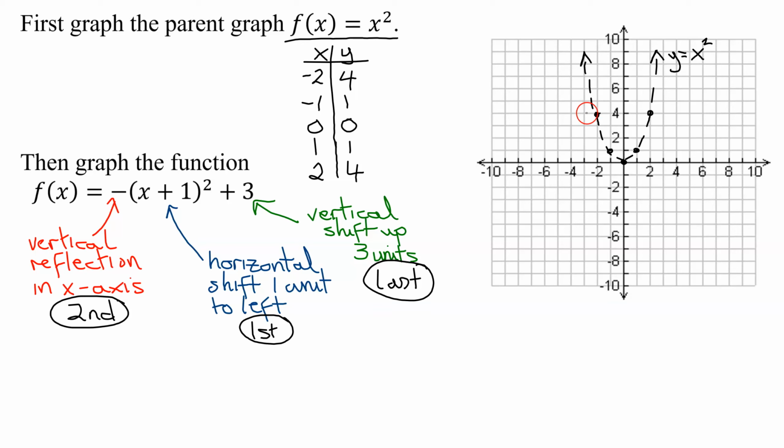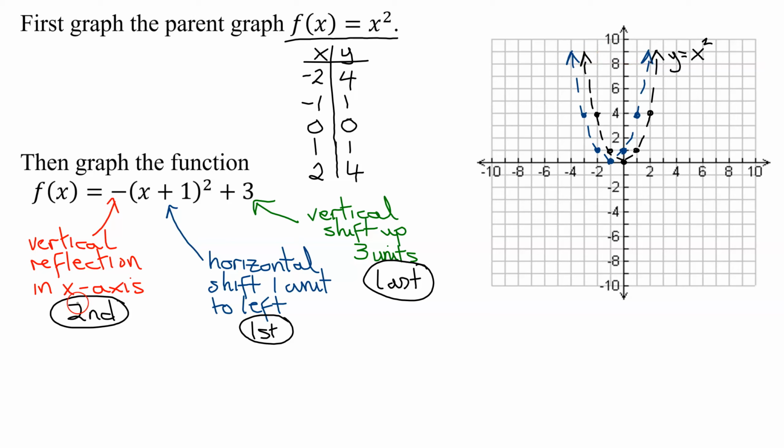So you just take each point and go 1 unit to the left. And my new shifted graph looks something like this. Since it's not my final graph, I'm still going to do it in a dotted line. So that shifted 1 unit to the left, the blue graph.